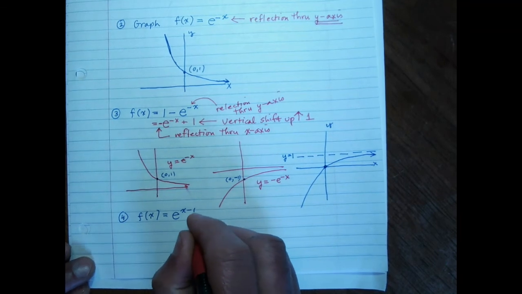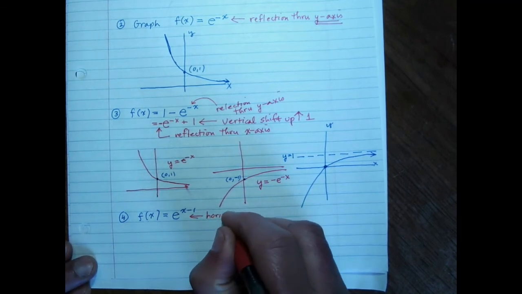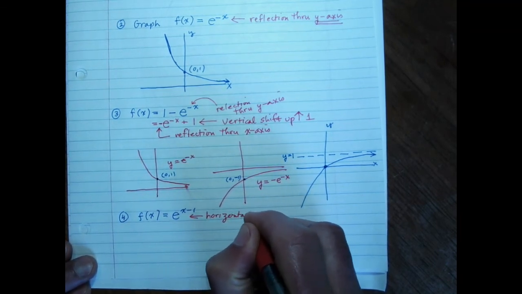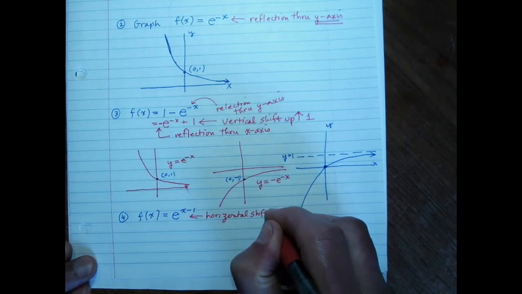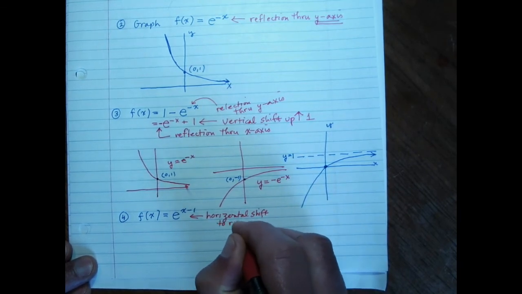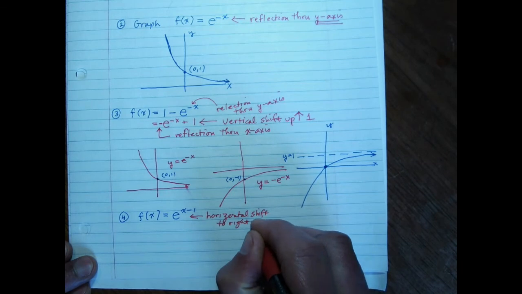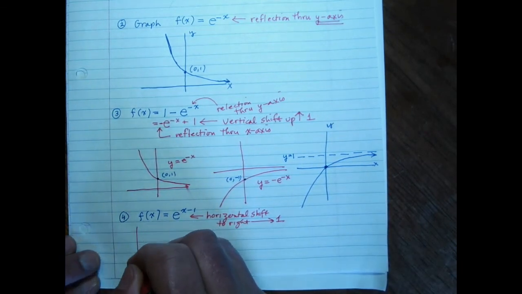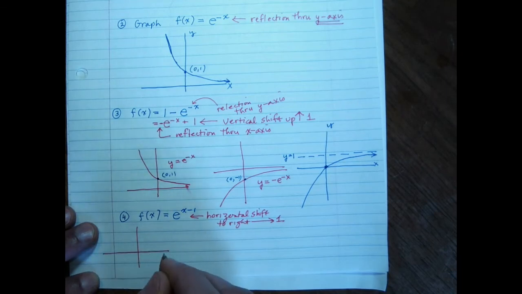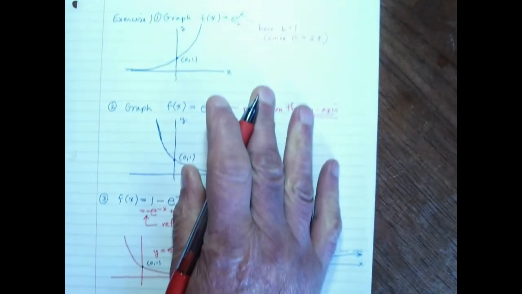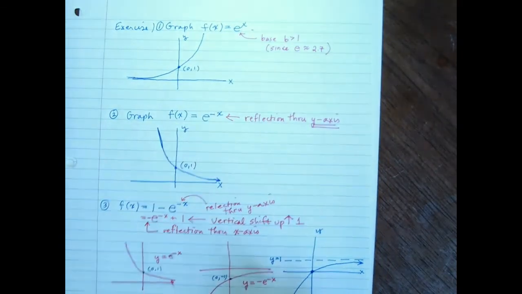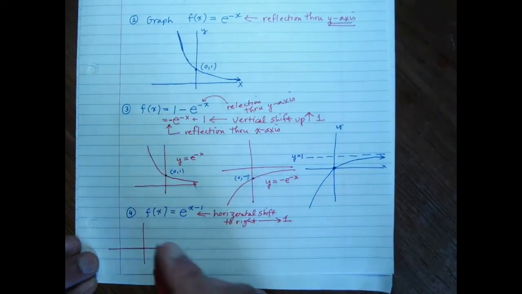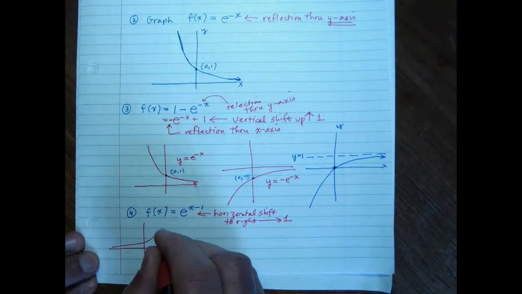That's a horizontal shift only to the right by 1 unit. And let's just go back to our original e to the x graph that we're working from here with no transformations.